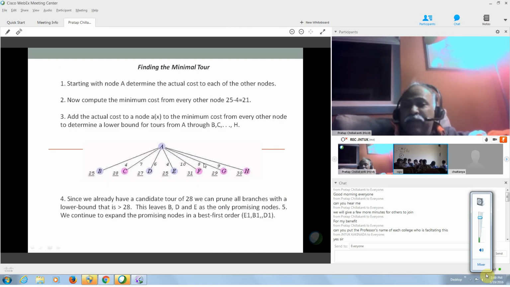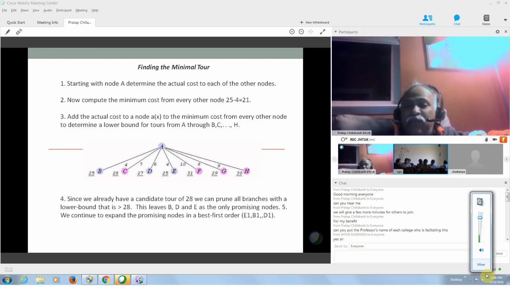and here is an example that we discussed, how we did that, right? So you start with A. For each of these, you compute the minimum cost for every other node. There's a table that I gave you and all that. We came up with these minimum values. We know the candidate tour is 28 in the previous slide. So anything greater than 28, you prune them out.